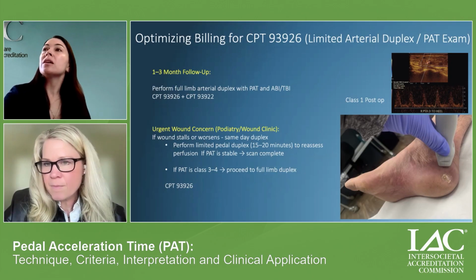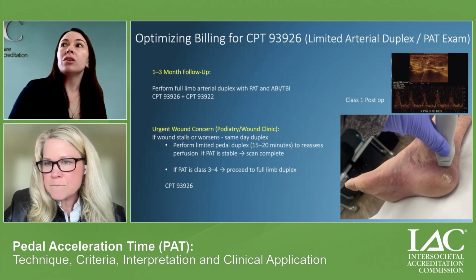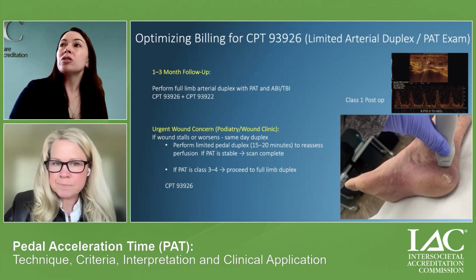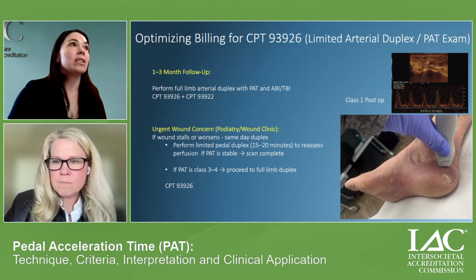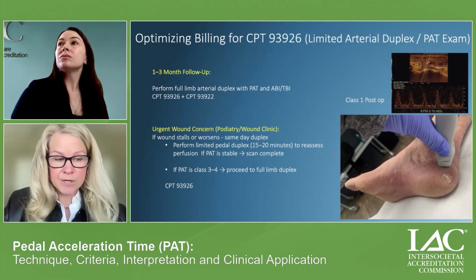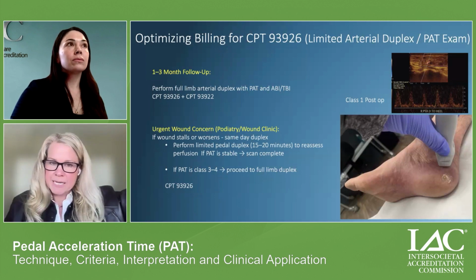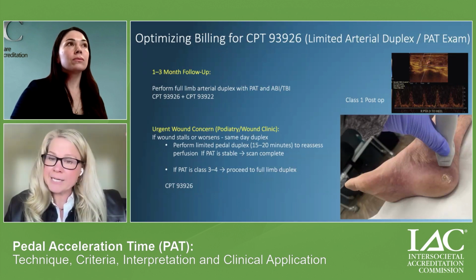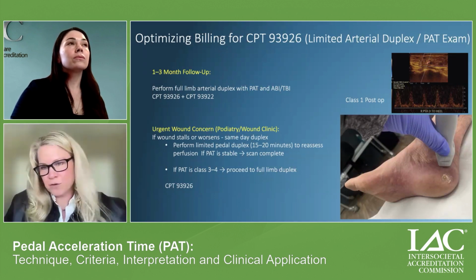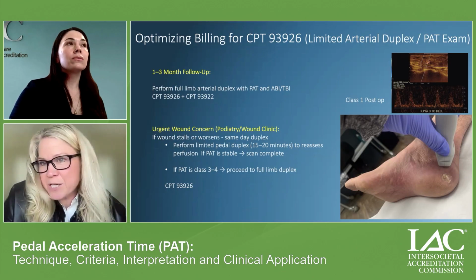Is there a separate examination with a unique CPT code, or is this in addition to a lower extremity arterial duplex? How would a physician order for PAT? Yeah, very good question. So the arterial duplex and PAT is all one CPT, 93926. You just can't bill the extra foot because it's just a continuation.